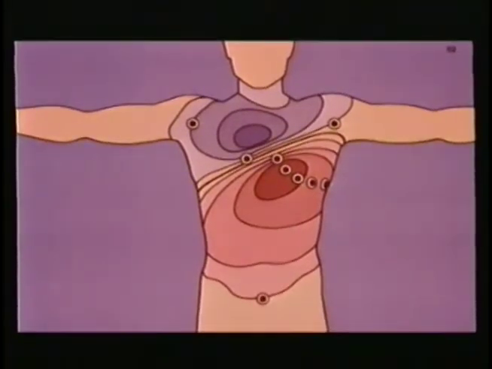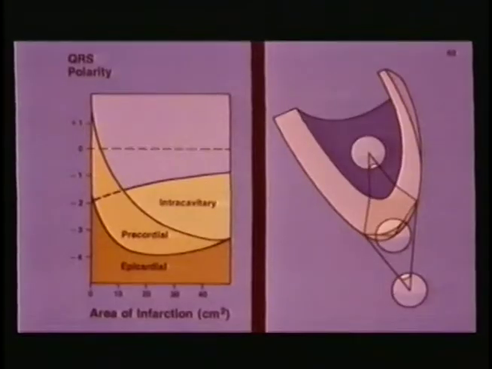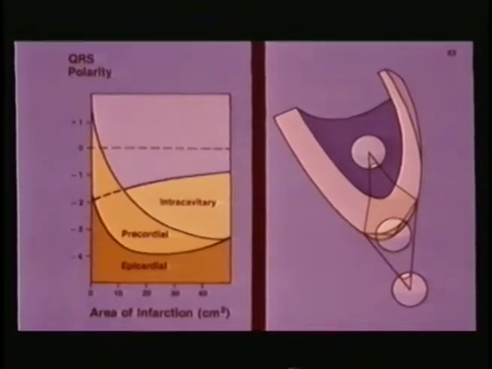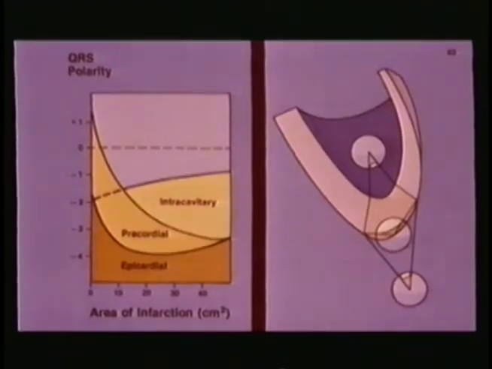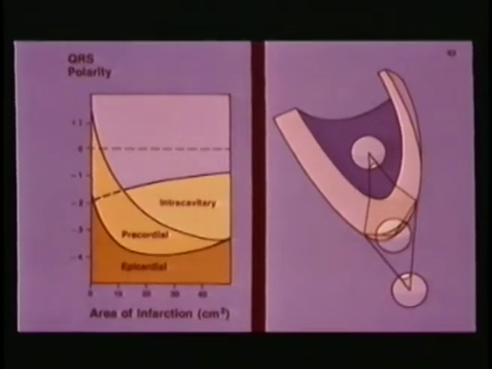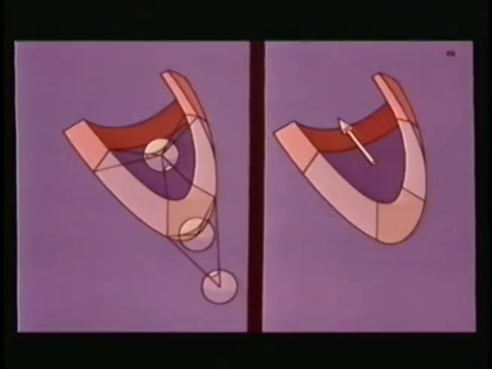63. In Electrocardiography Fundamental Theory Part 1, we discussed solid angle theory predictions of relative QRS deflection polarity for precordial, intracavitary, and epicardial recording sites as a function of myocardial infarct size. The theoretical curves described the experimental observations quite well. 64.